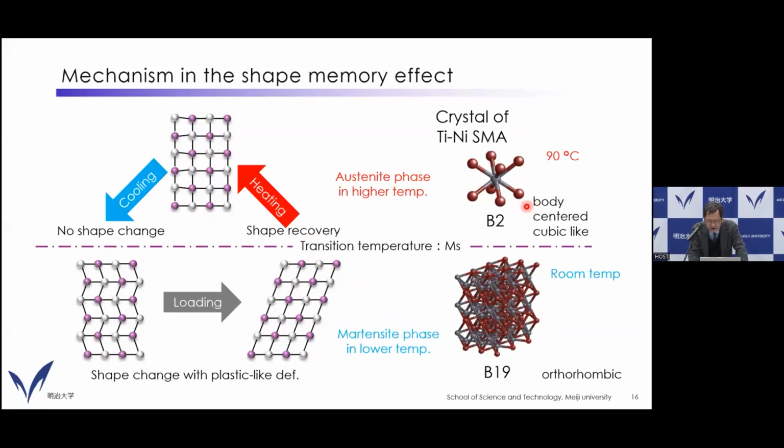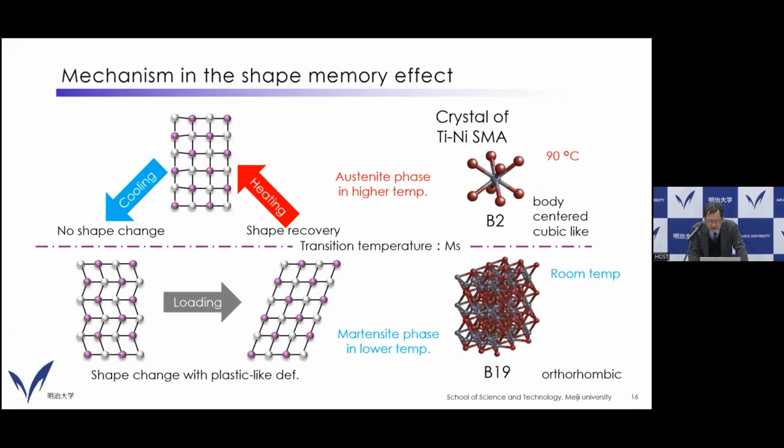This figure shows the unit cell of titanium nickel shape memory alloy in austenite phase. The structure is named B2 by the Strukturbericht designation, and is one kind of body-centered cubic-like structure in binary elements. The lower one is the martensite phase, and the structure is named B19.